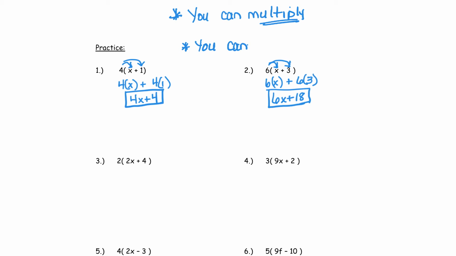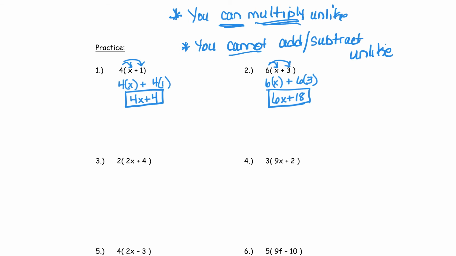You cannot add or subtract unlike terms. So wait, Mrs. Spatola, you're saying that you can multiply unlike terms? And I will say yes, you can multiply unlike. You cannot add or subtract unlike. So that's what you can do. You can multiply, you cannot add or subtract.